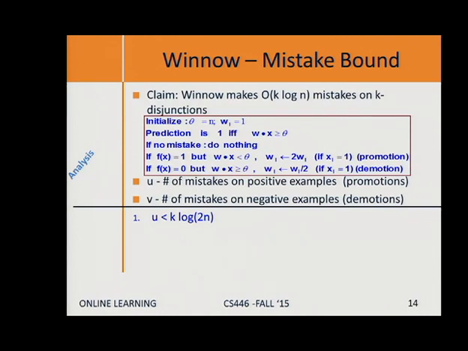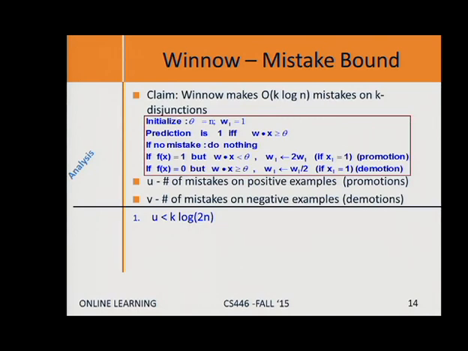What happens when I make a mistake on a positive example? Let's think about one of the important variables, the one that is in the disjunction. What's going to happen to the weight of this? It's going to double. How many times can it double? The worst case is that this variable is the only one that is active in the example.